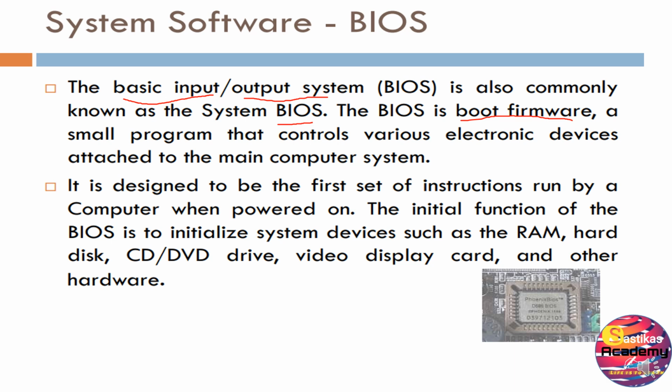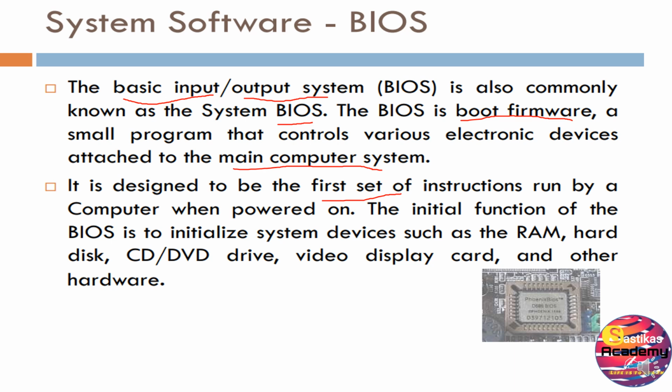BIOS is a small program that controls various electronic devices attached to the main computer system. When you switch on the system, the first process is the BIOS. The booting process happens by the BIOS. It is designed to be the first set of instructions run by a computer when powered on, as I told you.